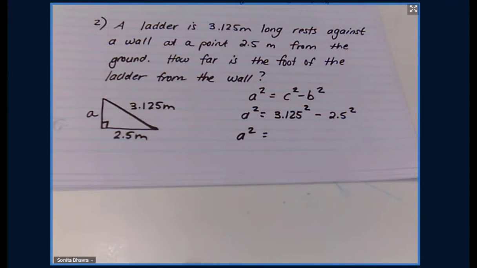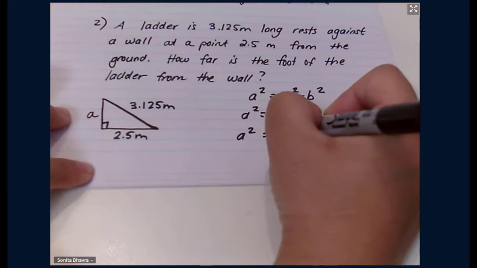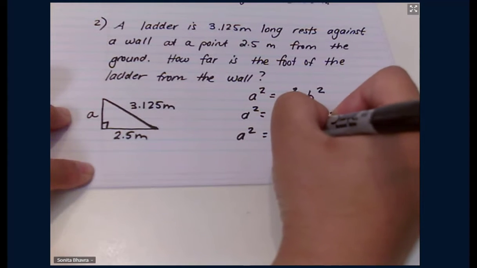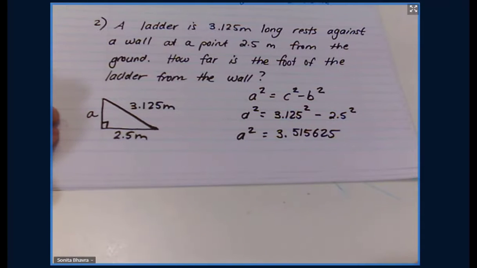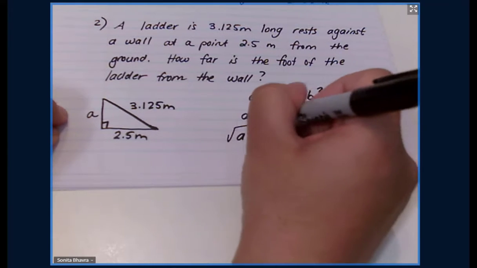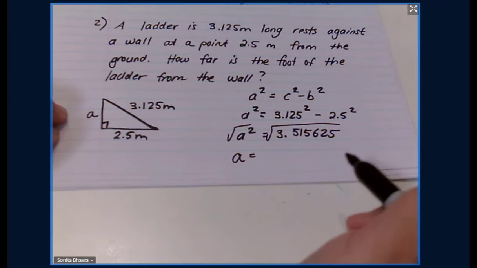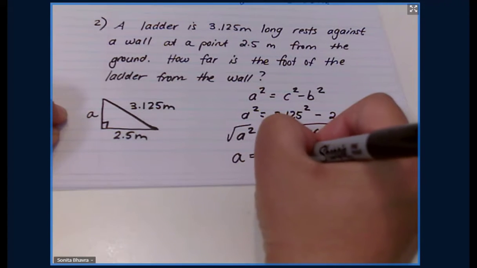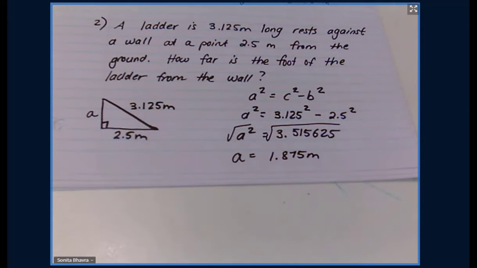All right, so that gives me 3.515625. And then last step is to take the square root of both sides. And I get A is equal to 1.875 meters.